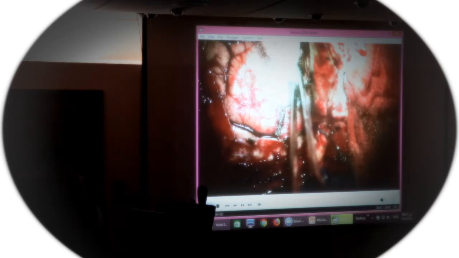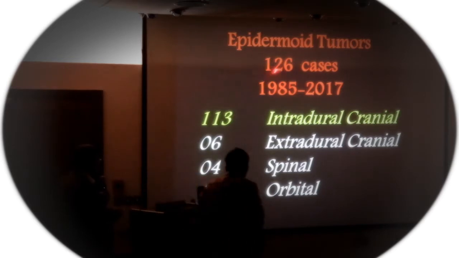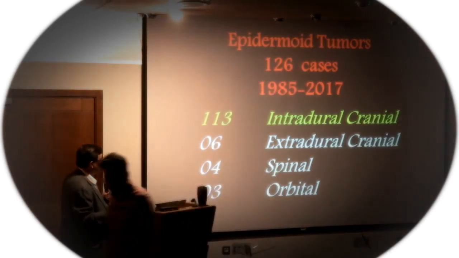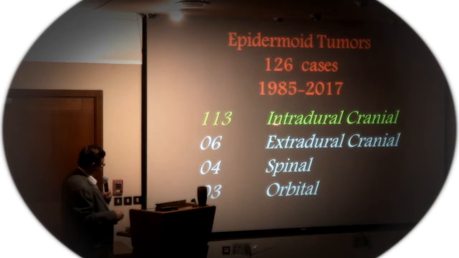So I've shown you two films to show you the posterior fossa component and the middle fossa component. My series, 126 cases, although they are rare, I was lucky. Between 1985 and 2017, 113 were intradural out of 126, 6 were extradural, 4 were in the spine, 3 were in the orbit.